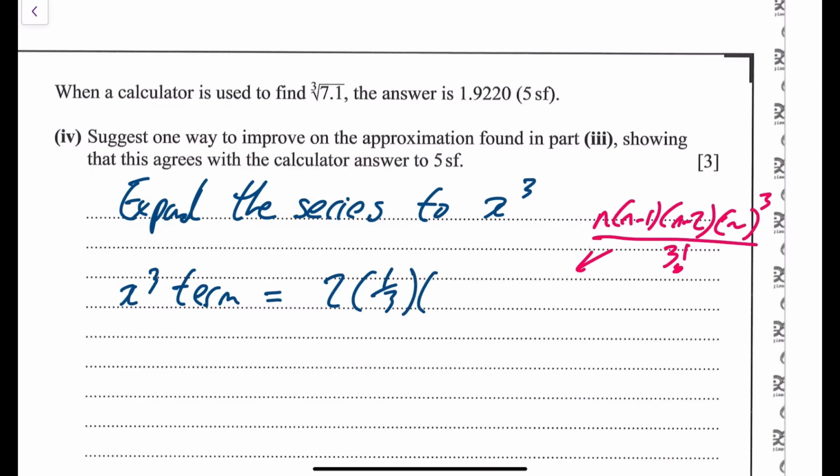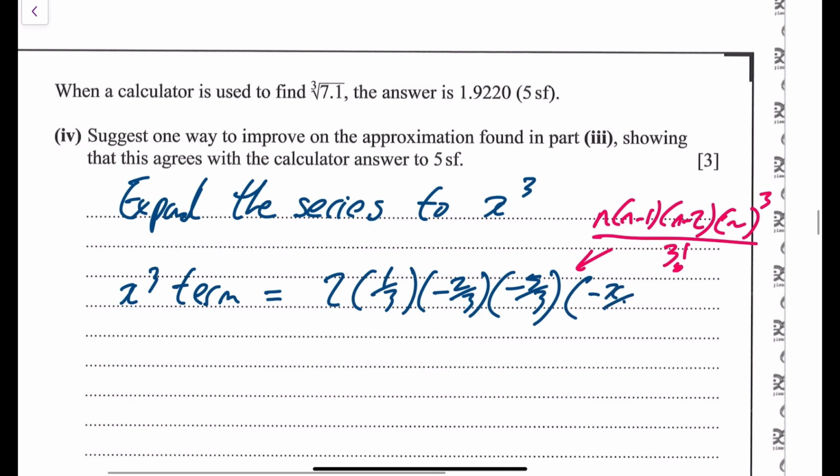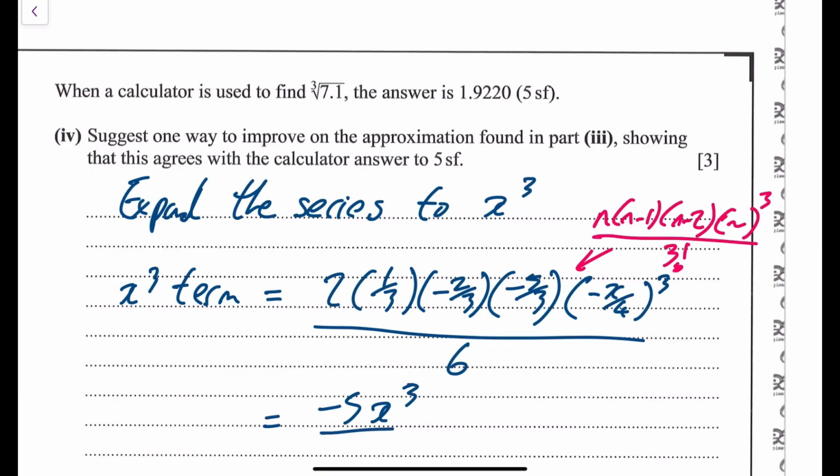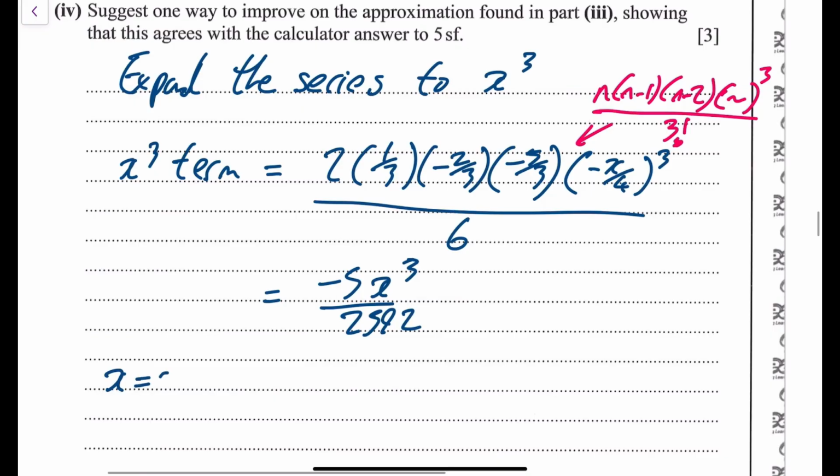So it's 2 times my n, which is a third, times minus 2/3, that's my n minus 1, times minus 5 over 3, that's my n minus 2, times my minus x over 4 cubed, divided by 3 factorial, which is 6. If you work it out, you'll get minus 5x cubed over 2592. So when you put in x equals 0.45, your x cubed term is equal to minus 5 times 0.45 cubed all over 2592.